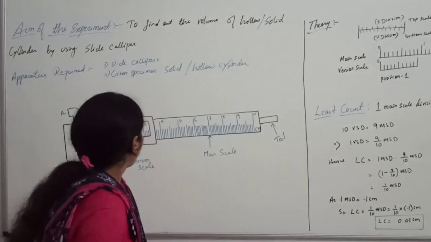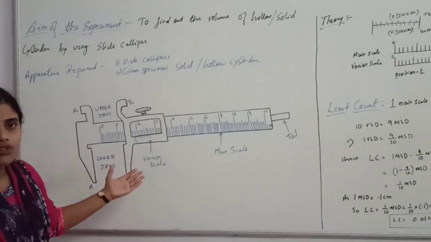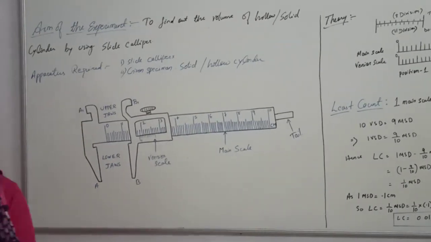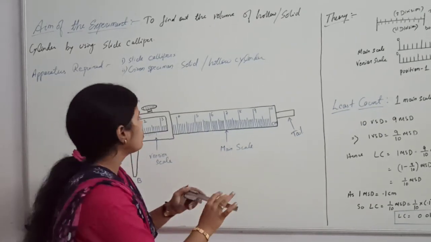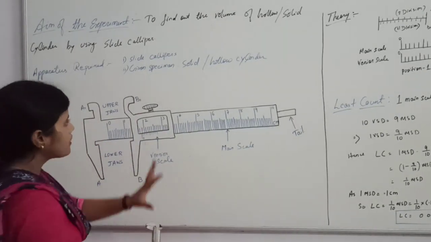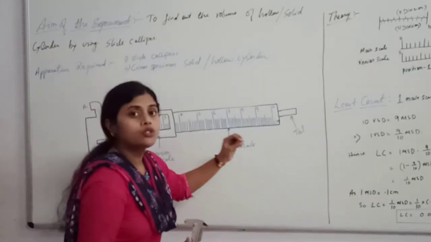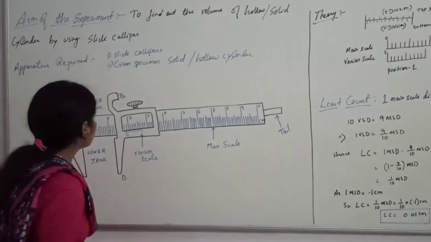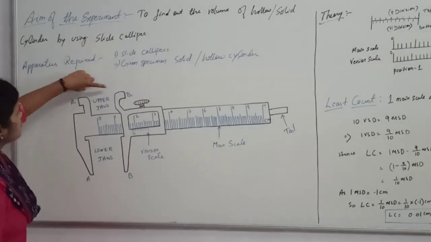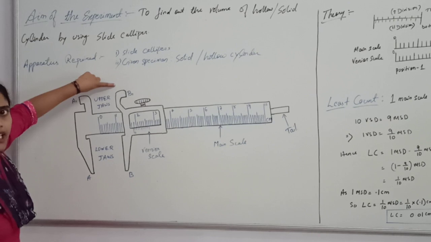Okay, so you can see the diagram I have drawn here, because to show each and every part of this instrument we need to draw it in a bigger space so that you will be able to distinguish each and every part of the instrument. So this is called the upper jaws of the slide caliper.